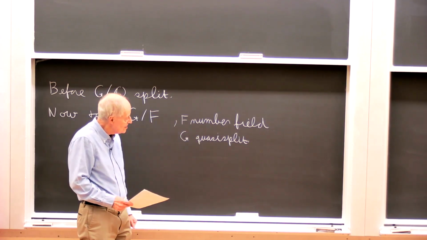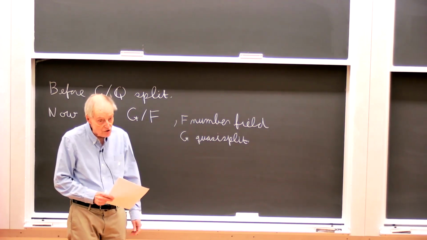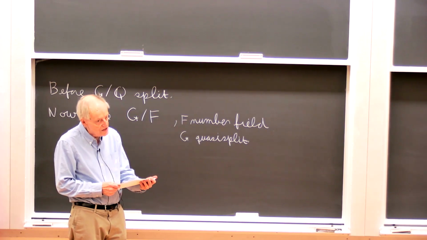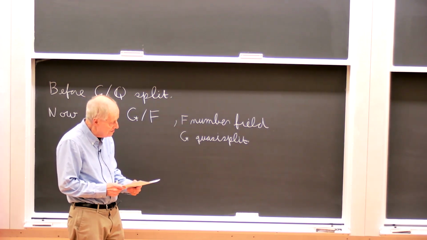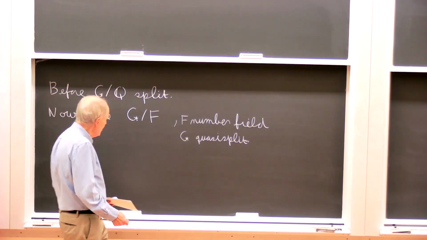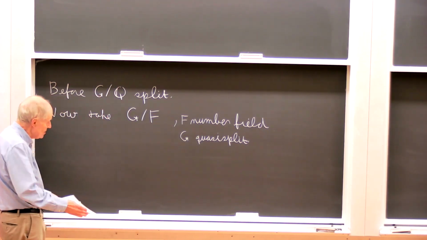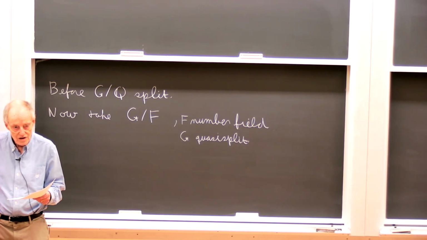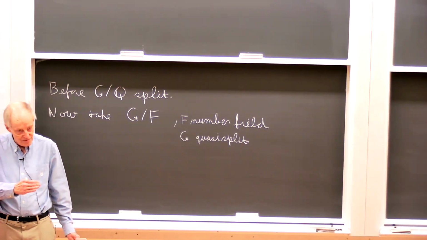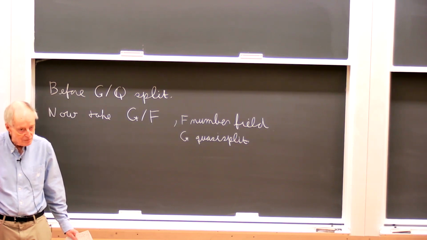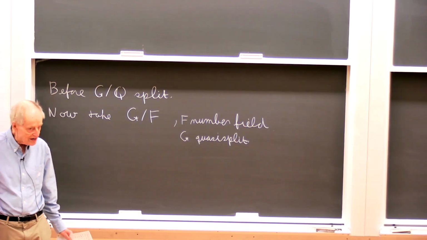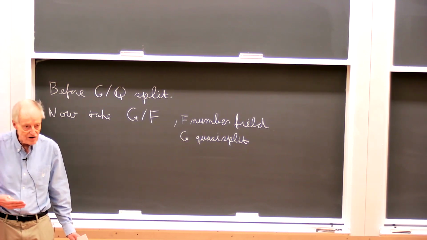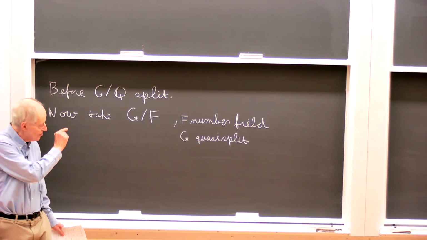G quasi-split means that G has a Borel subgroup which is defined over F. And for quasi-split groups there's a very nice way to construct them from split groups. One definition of quasi-split is that it has a Borel subgroup, a maximal solvable subgroup within the group of complex points, which is defined over the ground field.